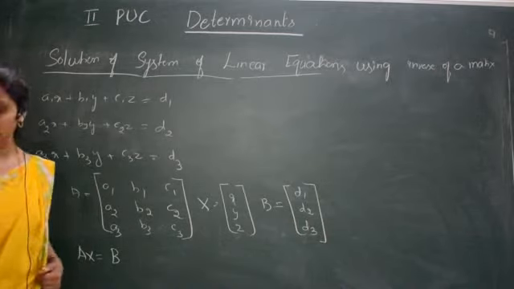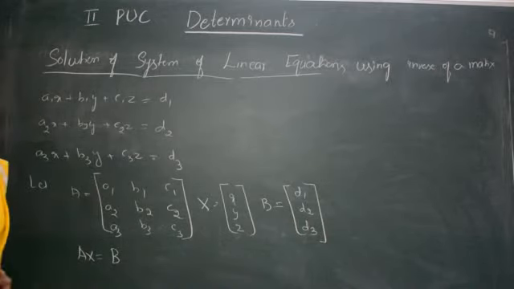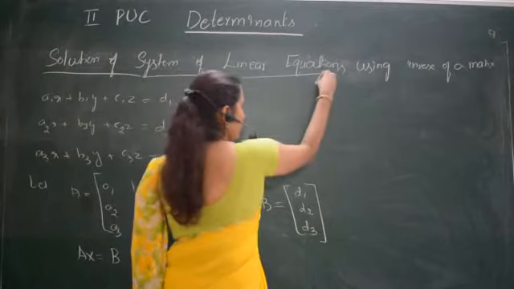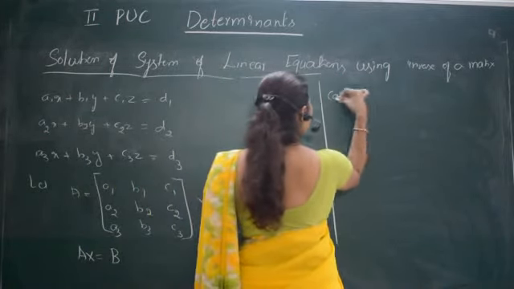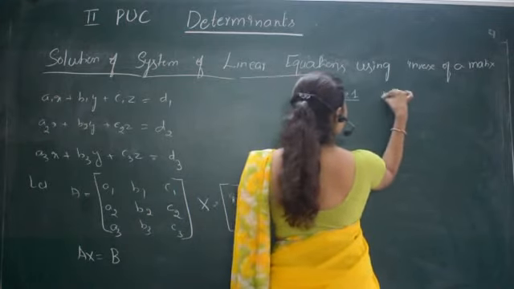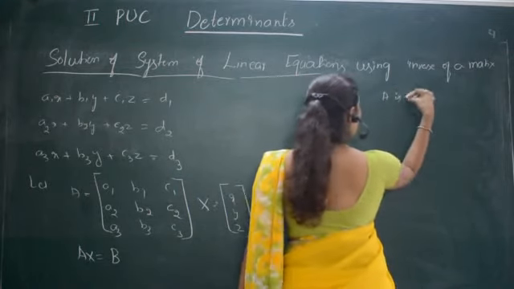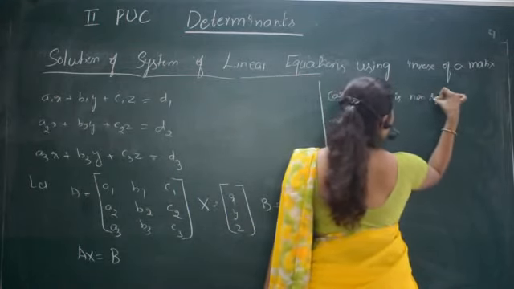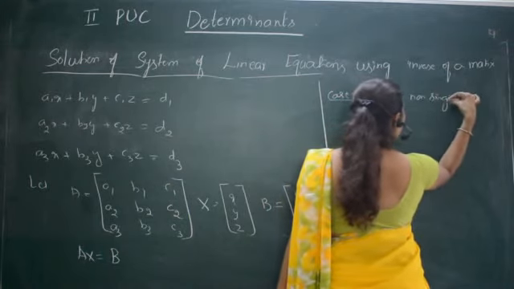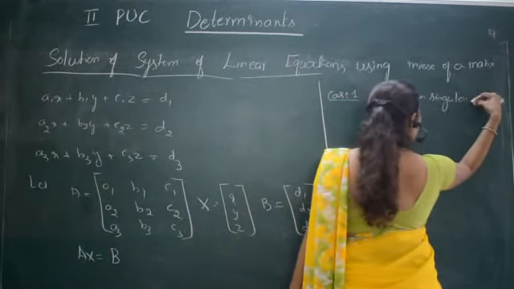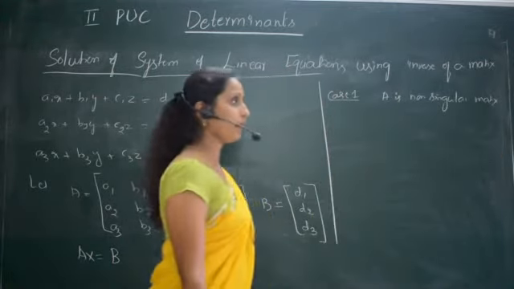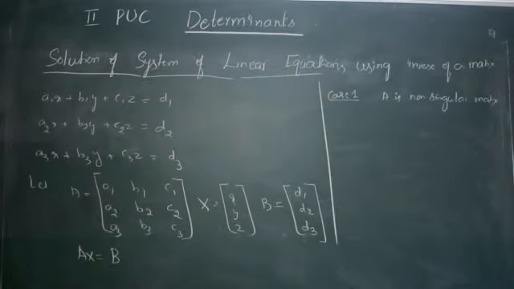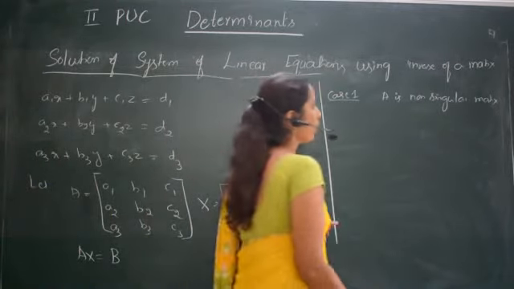In case 1, I'll consider A is non-singular. If A is a non-singular matrix, then its inverse exists.